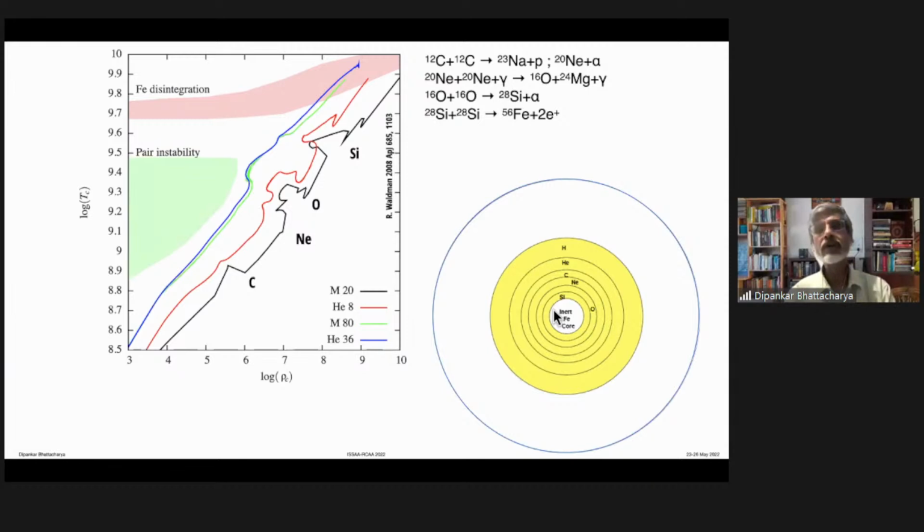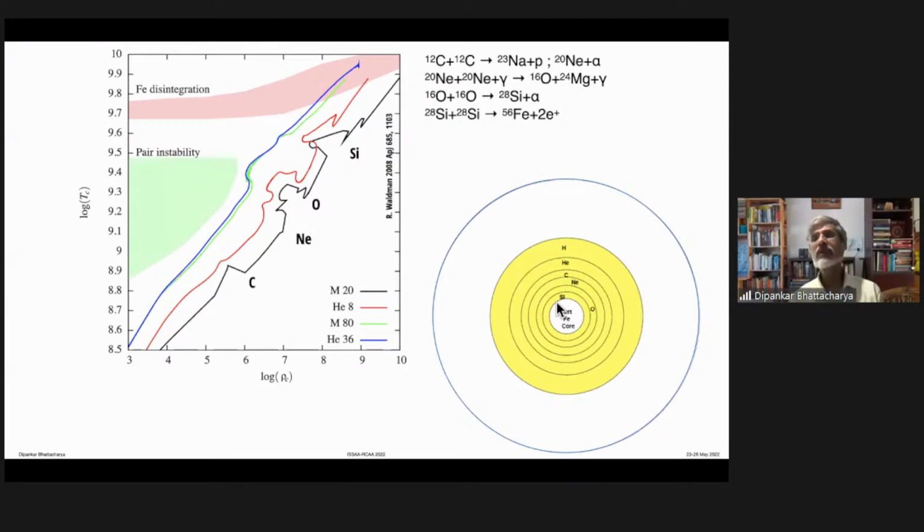So now the core will contract very rapidly. Now, as the core contracts, as I've already said before, it is going to release huge amount of gravitational energy, which will go towards heating of the core. The thermal energy will correspondingly increase. Half of the gravitational binding energy will escape the core.